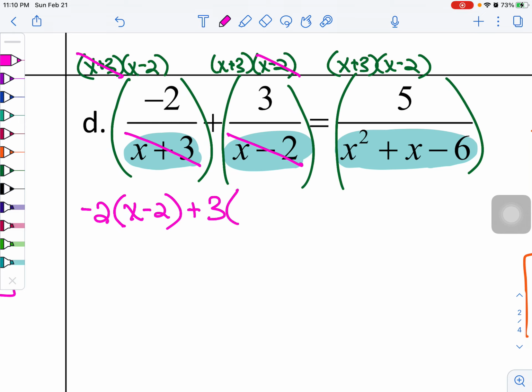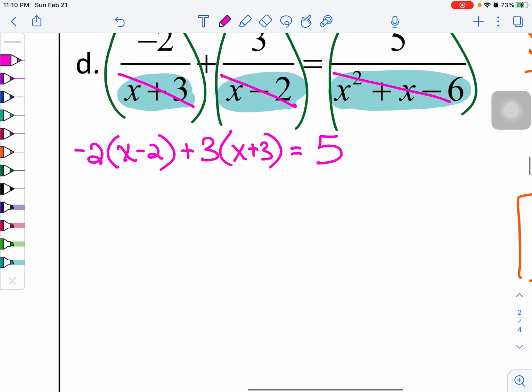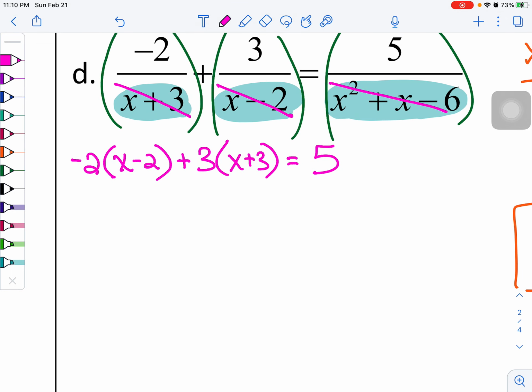Plus, I'm going to use that 3 from the numerator. x minus 2 will take out x minus 2, but we still have x plus 3 left over from the LCD. Equals, there's my 5, right? That's the original numerator. But if I think about this denominator, it is these two factors. So this whole denominator will take out both of those factors. And what I'm left with is a pretty simple equation to solve.